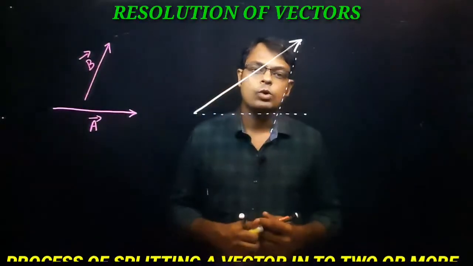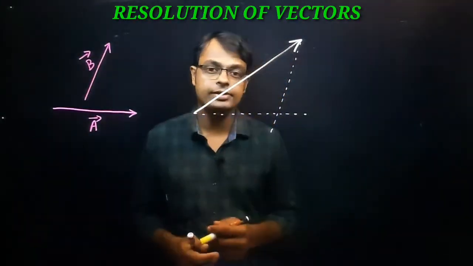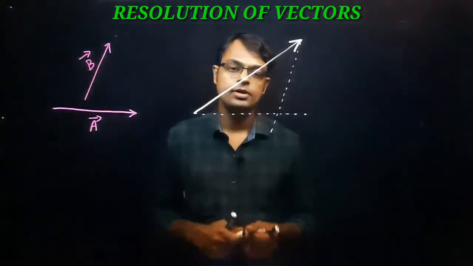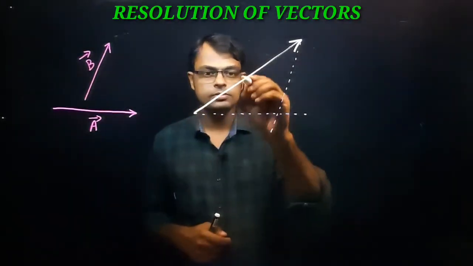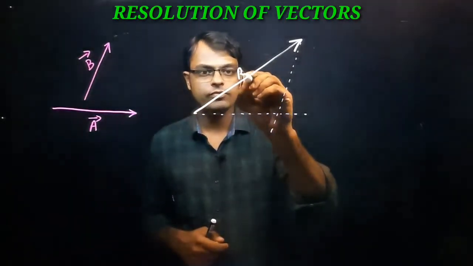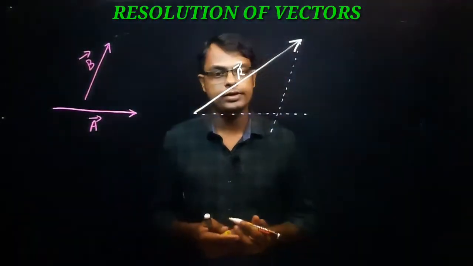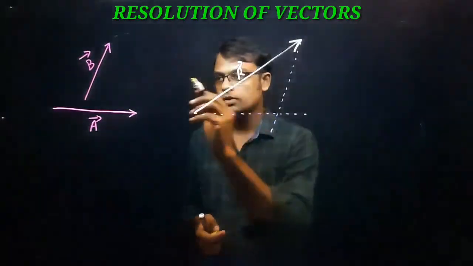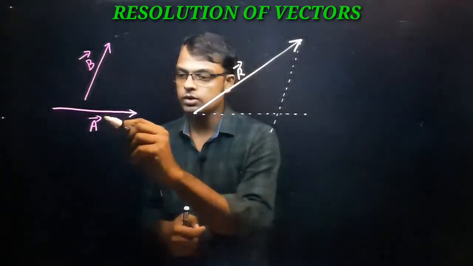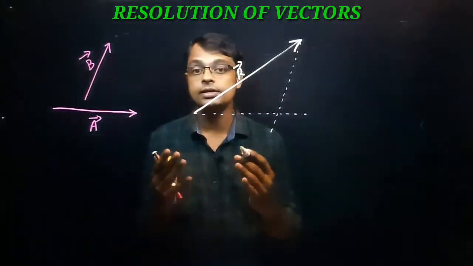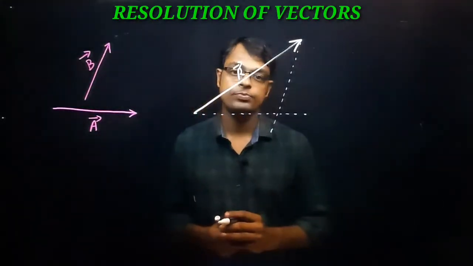Now let's discuss the resolution of a given vector in different directions. Just imagine, see in the picture here, this is the given vector. Say it as R vector. A name is given, the R vector. And nearby this one, there is another picture. In that one, there are two vectors. We can say that these are coplanar vectors.